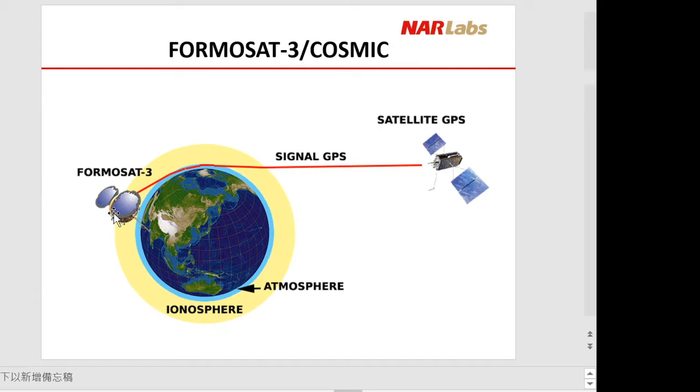From this slide, you can easily understand the methodology. When a GPS satellite transmits a signal, it goes through the atmosphere and the ionosphere, and people can retrieve the message from the bending angle.